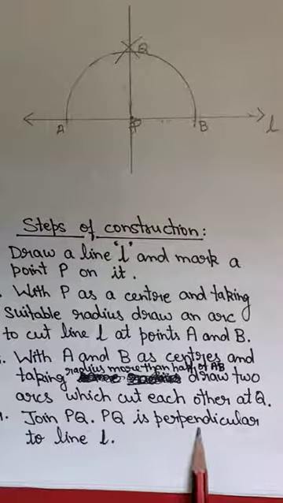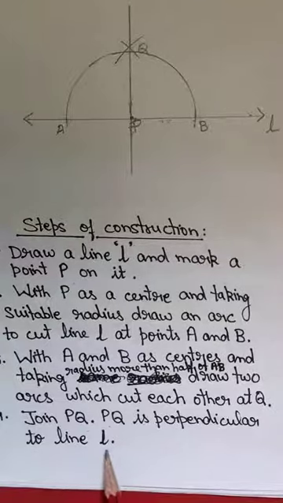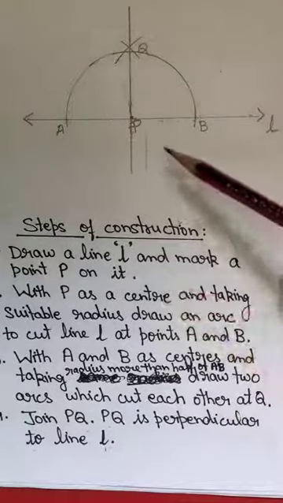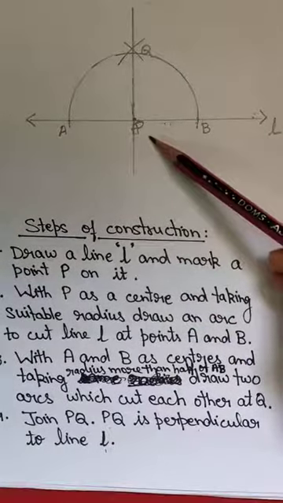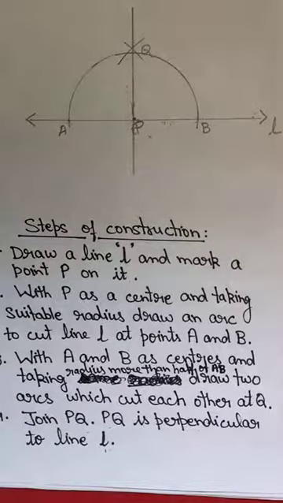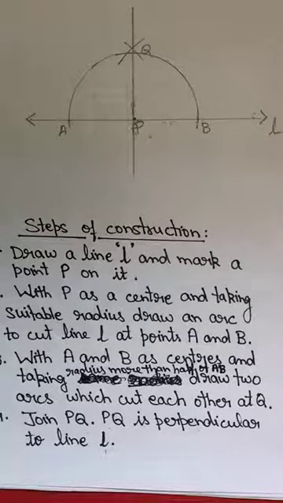PQ is perpendicular to line L. This is how we will draw a perpendicular when the point is given to us on the line. Now we will see how to construct a perpendicular when the point is not on the line.